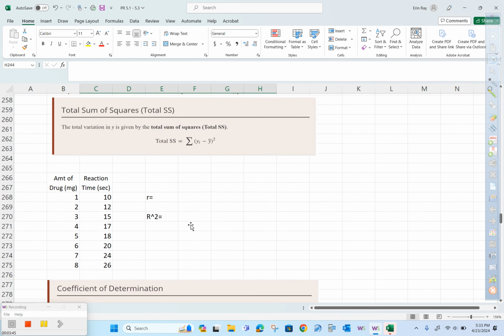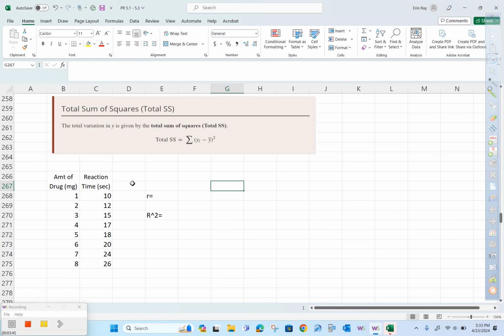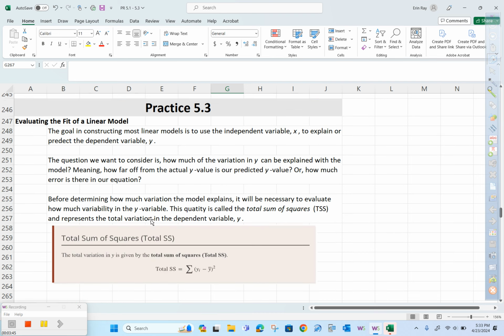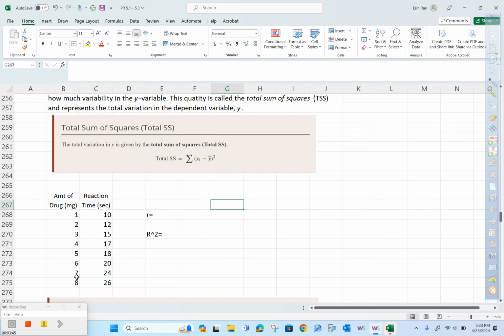Okay, so here, the total sum of squares, we are calculating by first looking at the value from our y mean. So to start out with this one, it says, oh, no context up here. So this is our situation from above, the amount of drug and the reaction time in seconds.